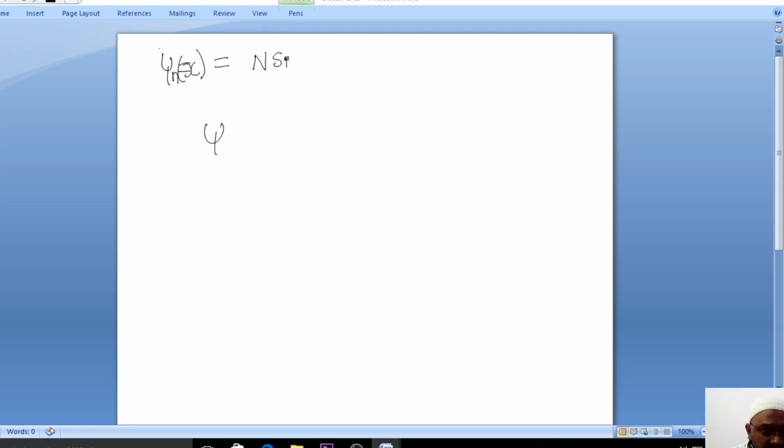N sine n pi x by L. Now this is the value that we got from the second boundary condition.